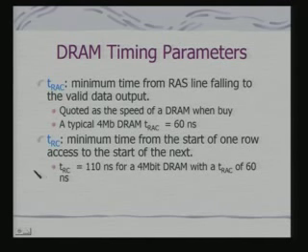TRC is the minimum time from the start of one row access to the start of the next. That means when I have accessed one row and then have to access another row, there has to be a definite delay or time period or cycle, and this value is typically 110 nanoseconds for a 4 Mbit DRAM with TRAC of 60 nanoseconds.